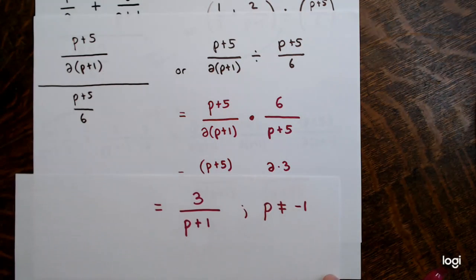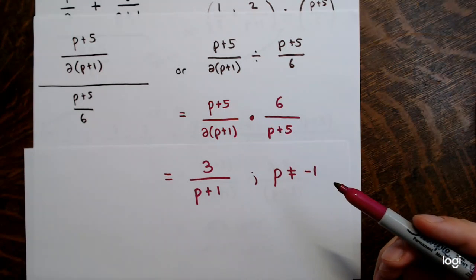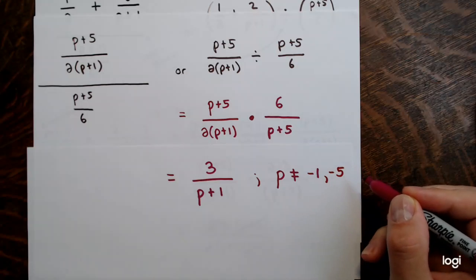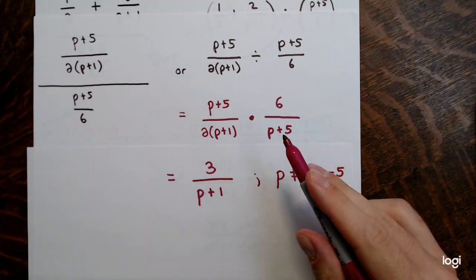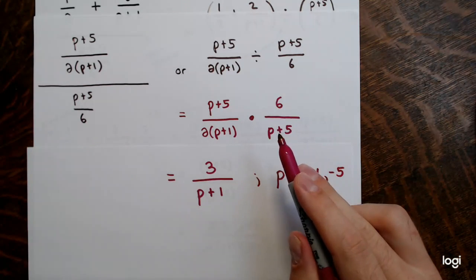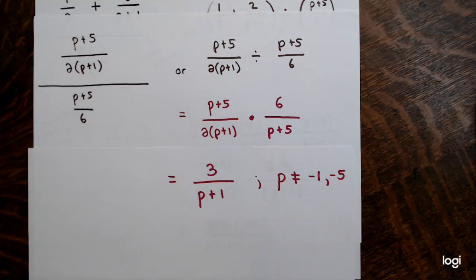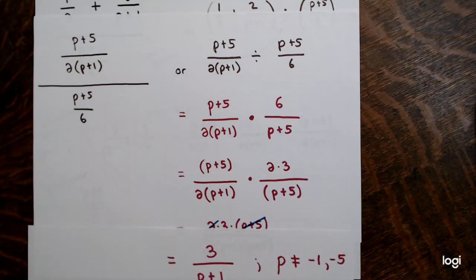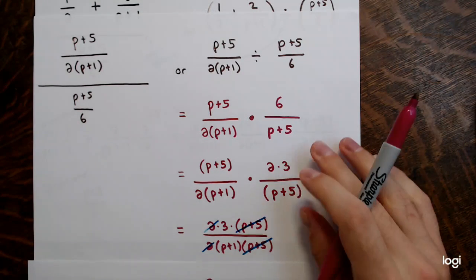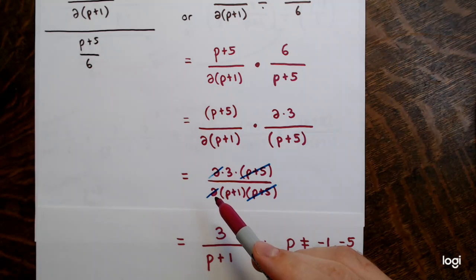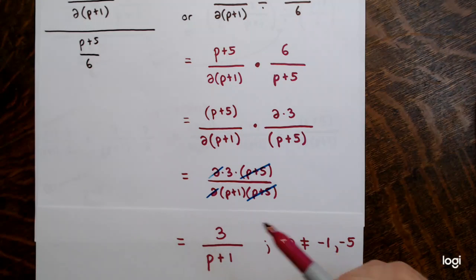So that means p cannot be -5 either, because if the value of p were -5, you'd have 6 over 0 during this part of the problem, and you cannot have a division by 0. And those are the only factors with variables that I'm seeing, up until the end here. This was right before the last step. This was the last step. Yeah, there's a factor of 2 in the denominator, but that's not 0 ever. That's just 2 all the time.